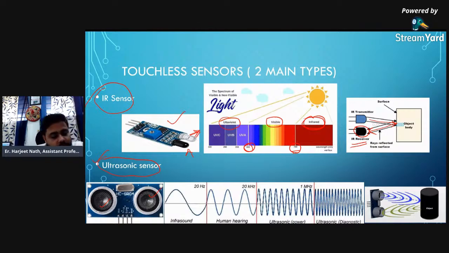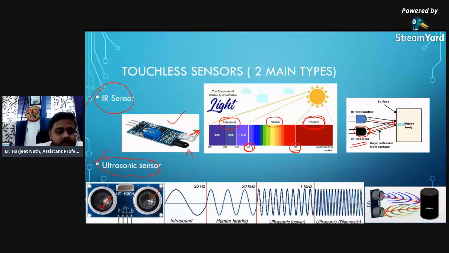The transmitter emits ultrasonic sound from its transmitting region, and when you have any object in front of it, the sound gets reflected from the object. If that reflection is received by the receiver of this sensor, then that again triggers some kind of action in the circuit, which will lead to your sanitizer being dispensed.